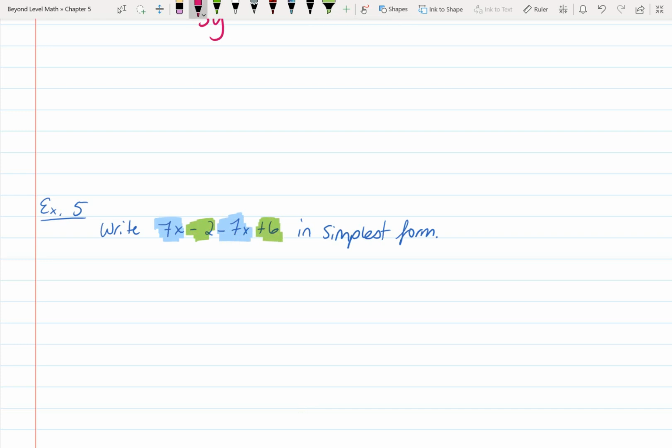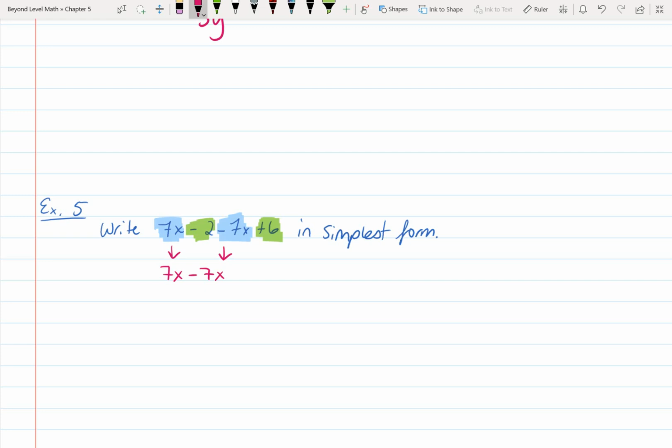Alrighty, so in this case, to simplify, you don't necessarily have to write what I'm about to write, okay? I'm just going to write what I'm explaining. 7x minus 7x, right? We just make another expression using those like terms. So 7x minus 7x.